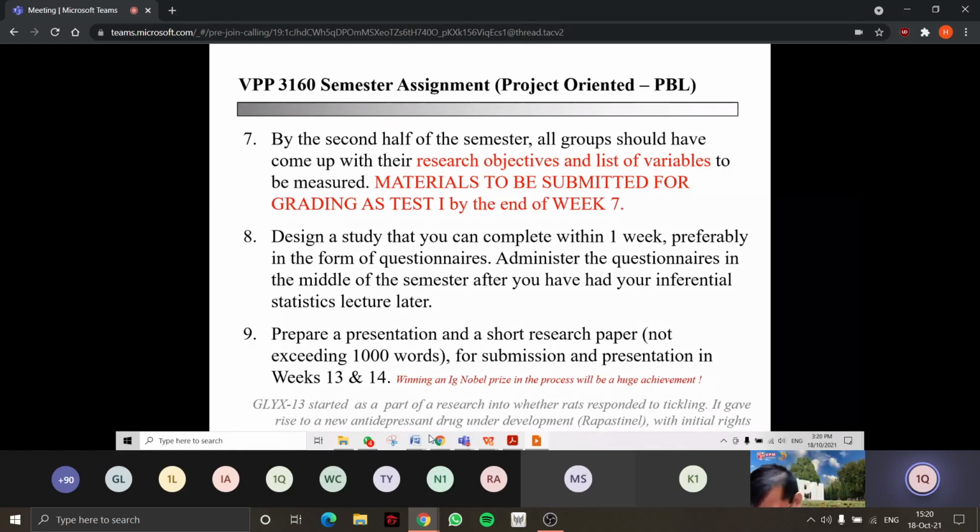In order to prove that this hypothesis is correct, what will be the variables that you need to use? For example, how do you know that a medicine works in treating fever? Obviously, you need to have changes or reduction in temperature. So you start off with somebody having fever.